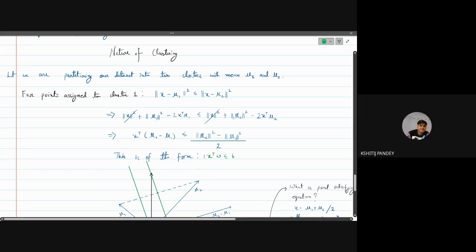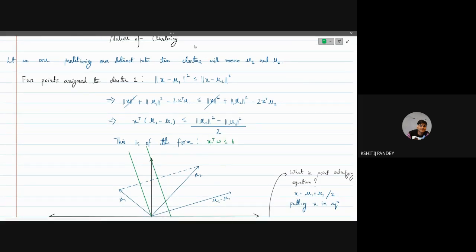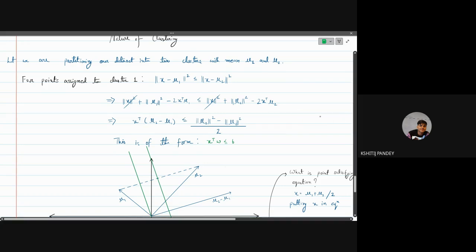So now what? Let's plot the equation x transpose (mu2 minus mu1) equal to 0 on the graph. Let's plot this line first of all.